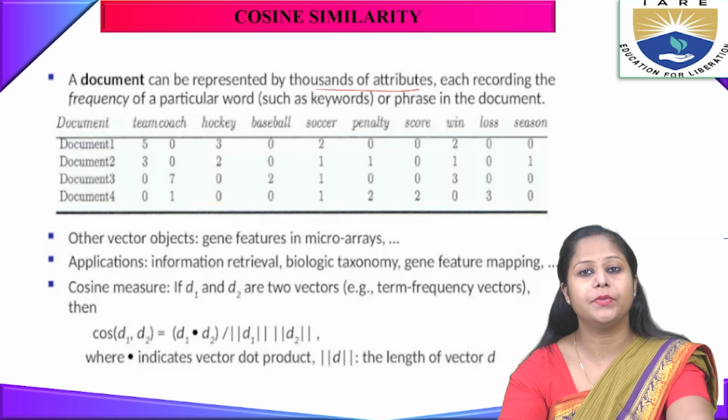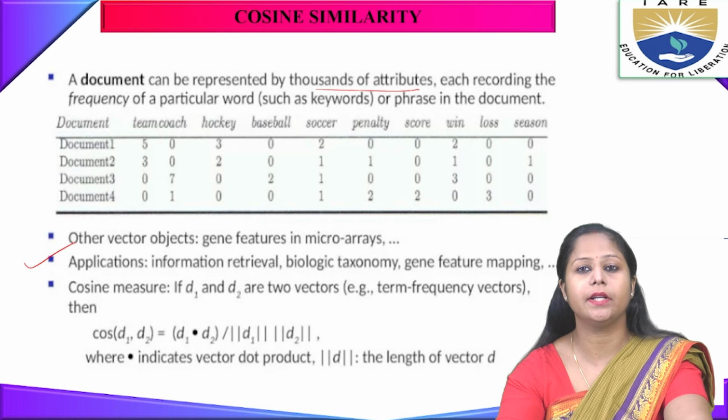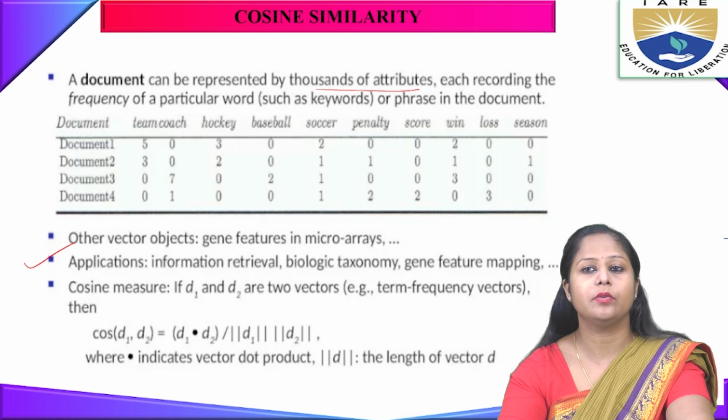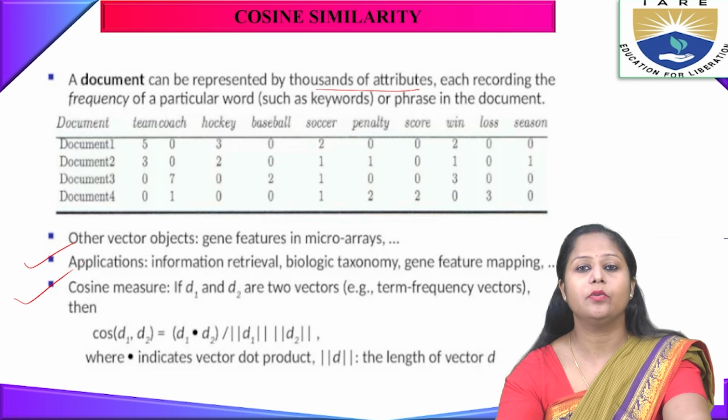The other vector objects are gene features in microarrays. The applications are information retrieval, biologic taxonomy, and gene feature mapping. So these are some applications of that. So how to measure the cosine?